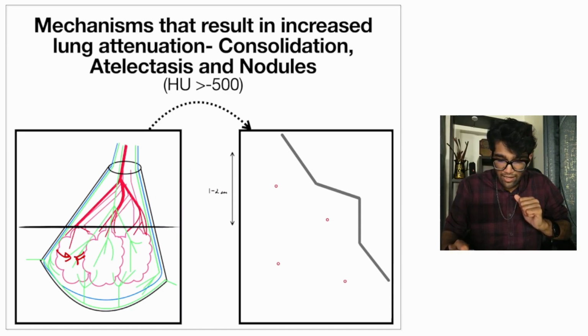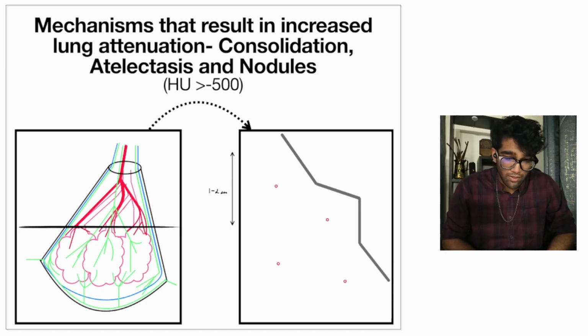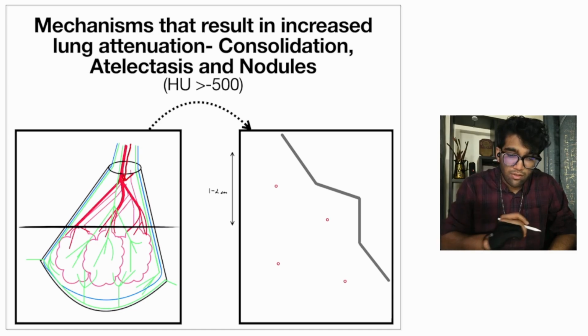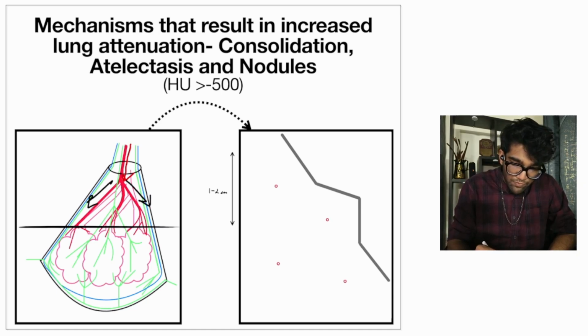Now, in addition to that, you can see that even though we are taking a cross section of the lung, the actual physiological movement of things into and from the lobule are in different directions. Blood is coming in from the pulmonary artery branch and extending through these branches and going through the capillaries.